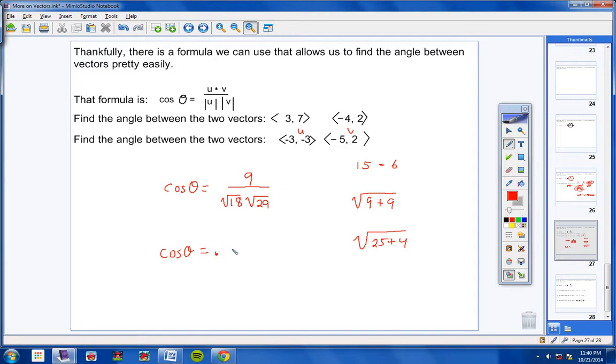Hopefully this is correct. 0.3939192986. And then second cosine of that number. And we'll have this for an angle. Theta equals 66.80. So 66.8 degrees.